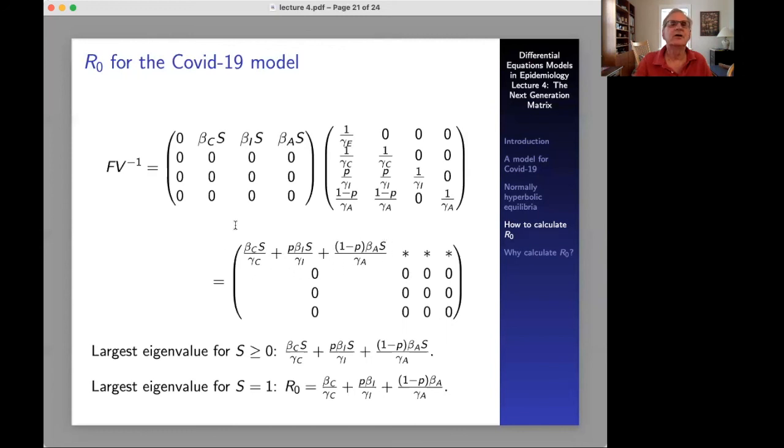So they are this number and 3 zeros. As long as S is greater than or equal to 0, which it is in our phase space of interest, the largest of those 4 eigenvalues is simply going to be this number. And if we set S equal to 1, we'll get R naught, which is this expression here.